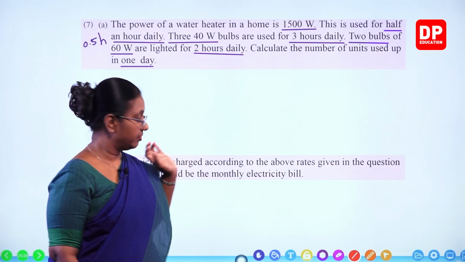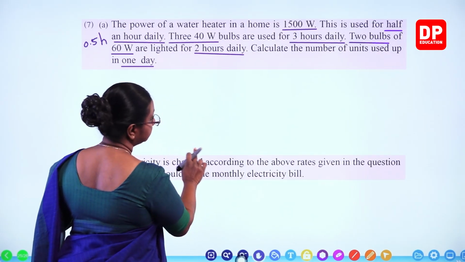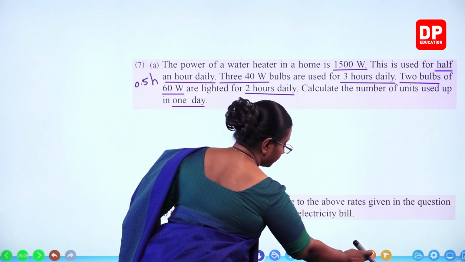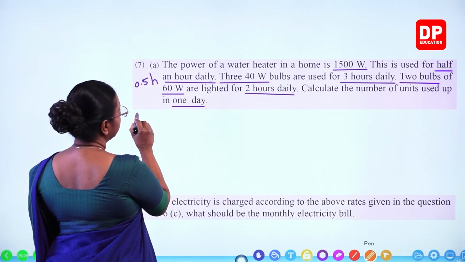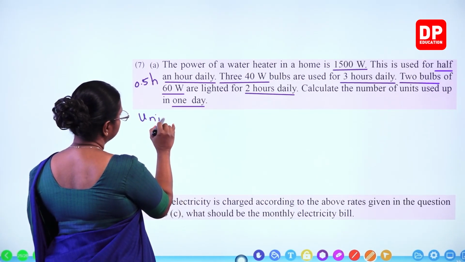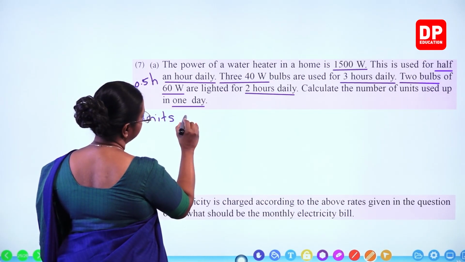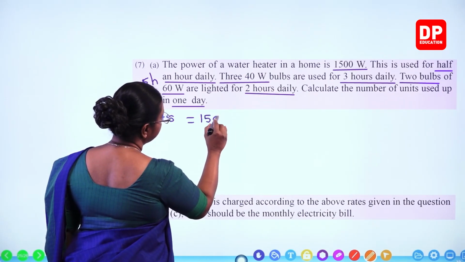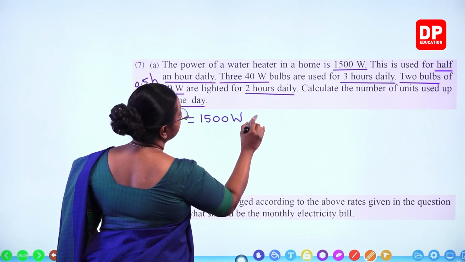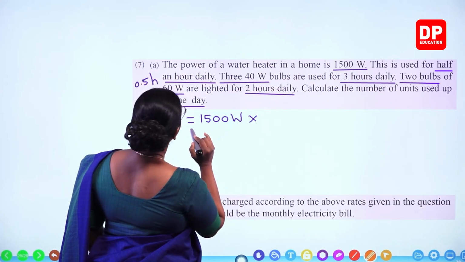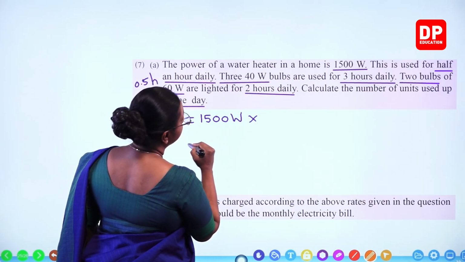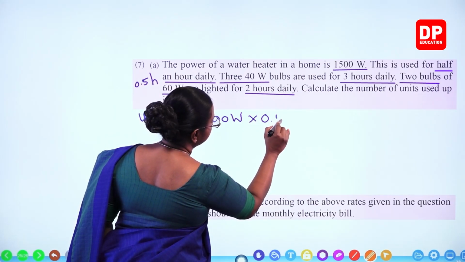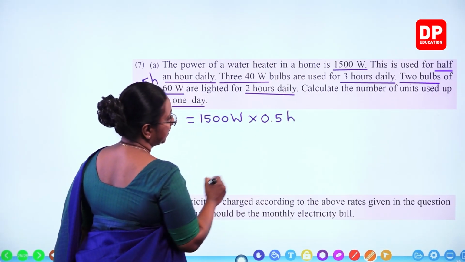So that is what you need to calculate. So here, units consumed: you have the heater, 1500 watts, into half an hour, so it has to be 0.5 hours.